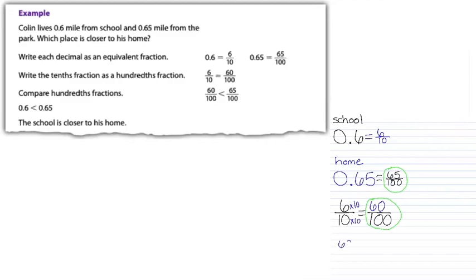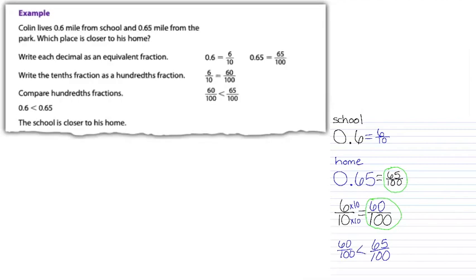So I'm going to write 60/100ths and then 65/100ths. The good thing about this is once the denominators are the same, you can compare the numerators just as if they were whole numbers. So you know in number sense that 65 is greater than 60.